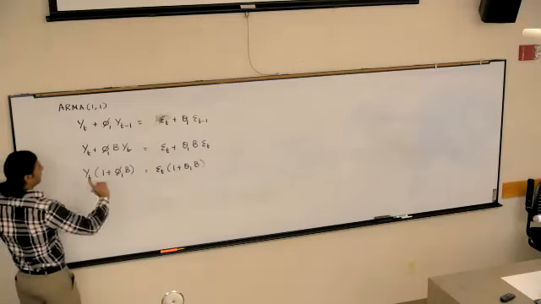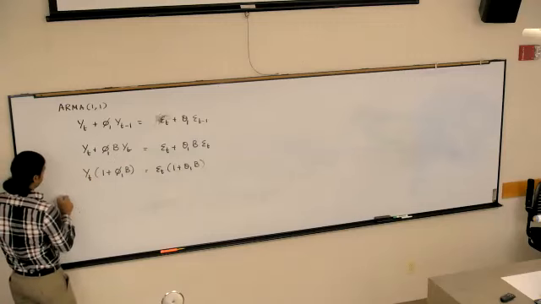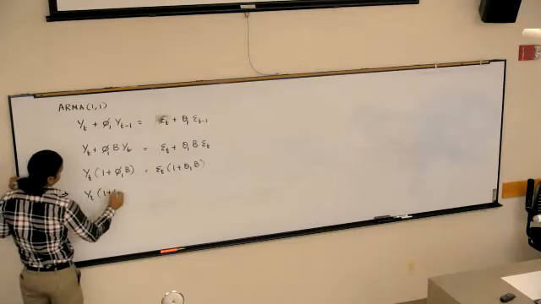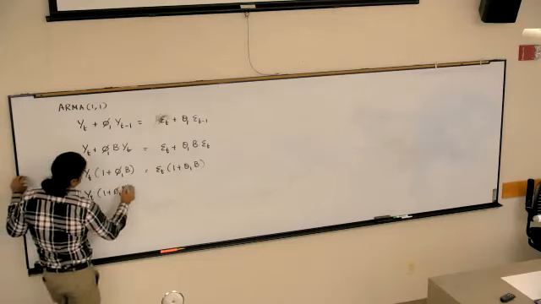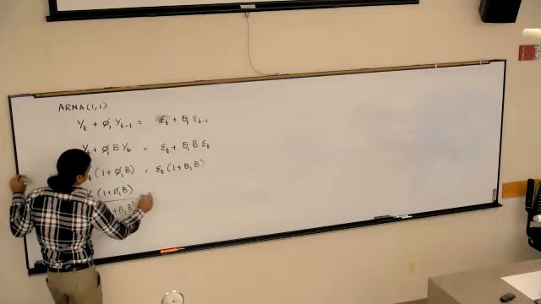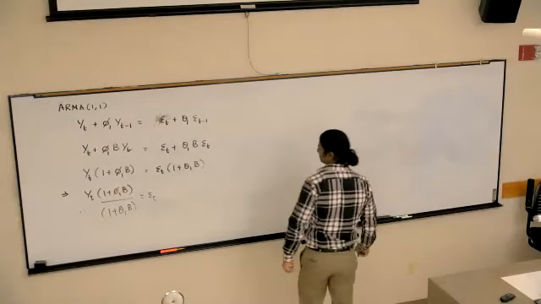So let's start with uppercase pi of B. So Yt times 1 plus phi1 B divided by 1 plus theta 1 B would be epsilon t.